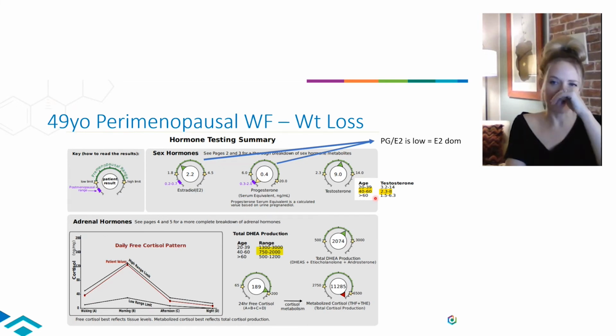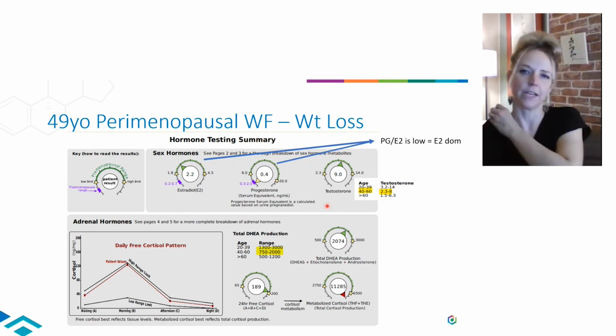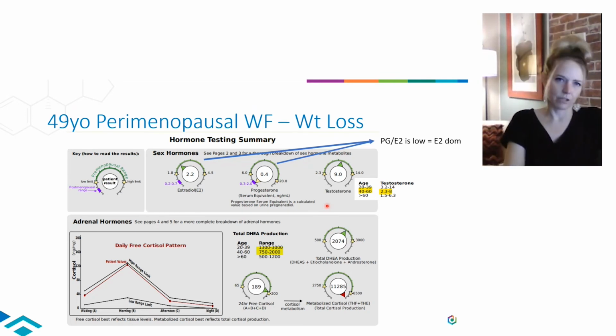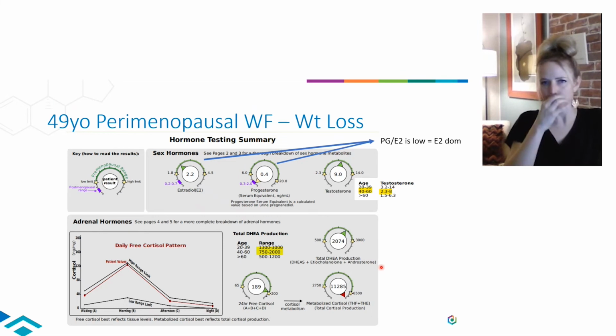Testosterone we think of on an age range. So even though she's within the big, human female range of 2.3 to 14, 9 is a little high for somebody who's 49. So we usually top out at 8 when we're 49. So that already seems like a little on the high end. And then for DHEA production, the total DHEA production is a conglomeration of 3 DHEA metabolites.